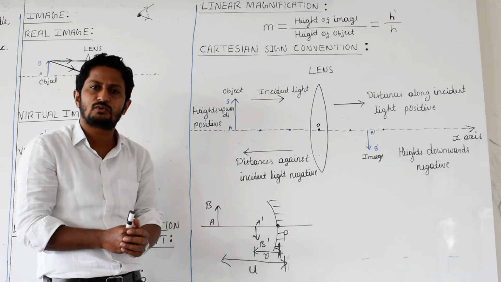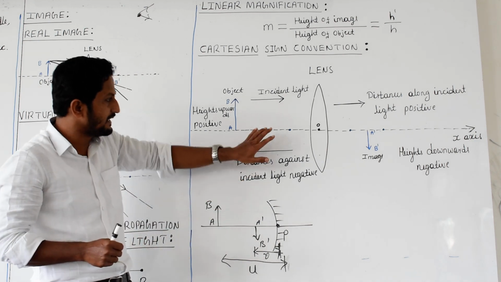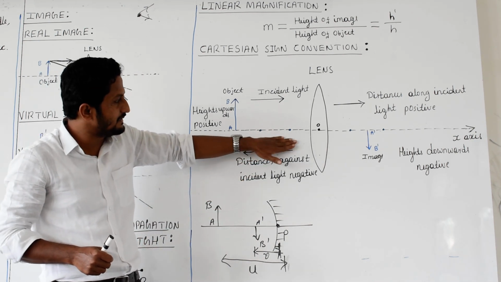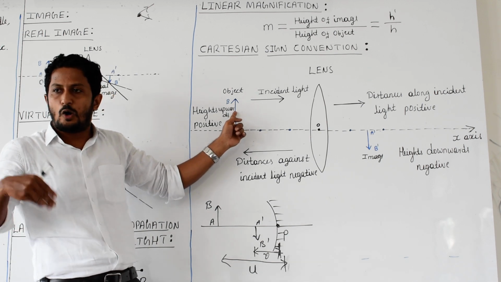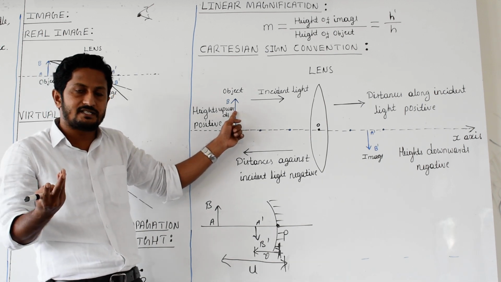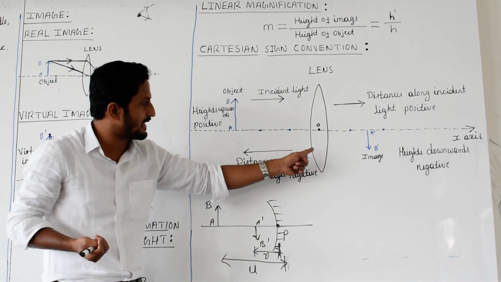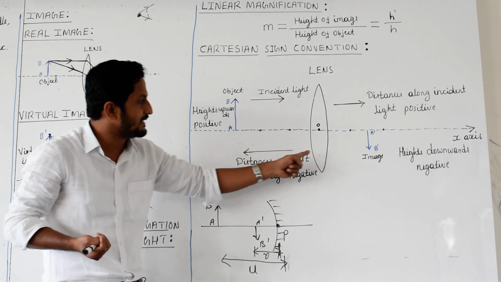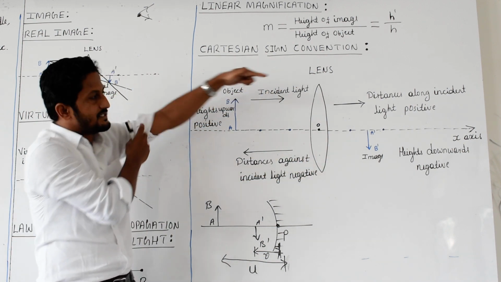In these two diagrams, see in this diagram, the object is here. To get the object distance, you start measurement like this, which means your measurement is against the incident light ray direction.